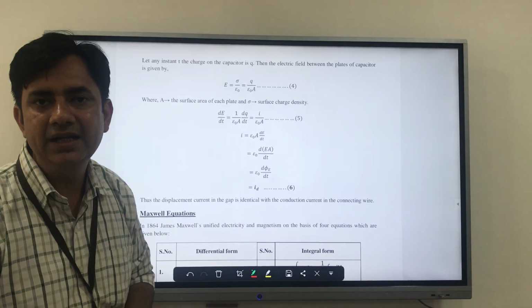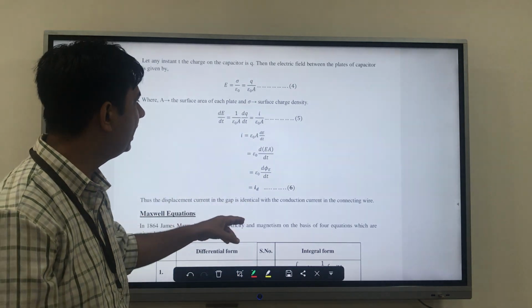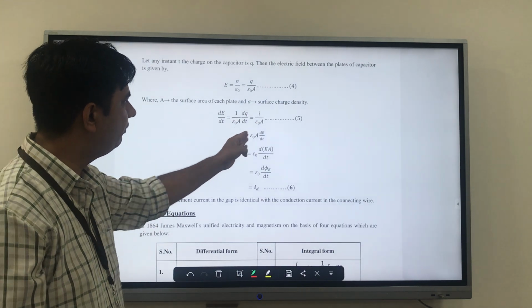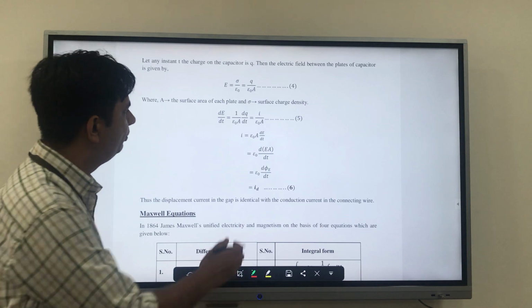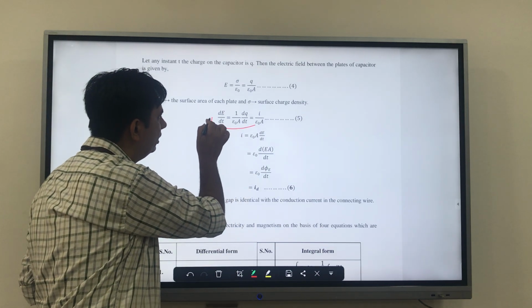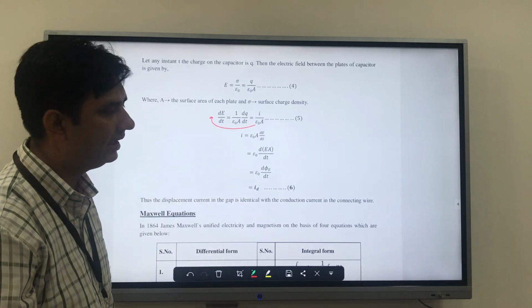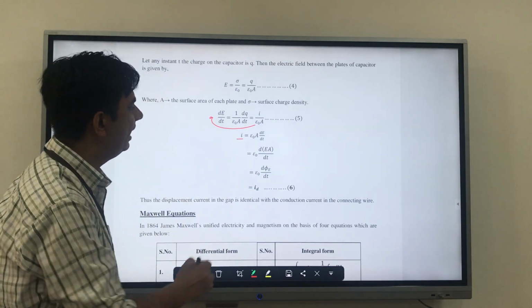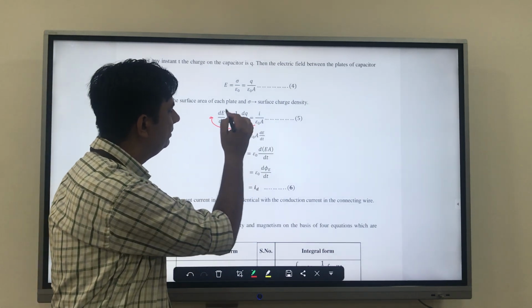And what is dQ by dt? Current. So we write it as I upon epsilon naught A. Take this value over here, and we can write I is equal to epsilon naught A into dE by dt.